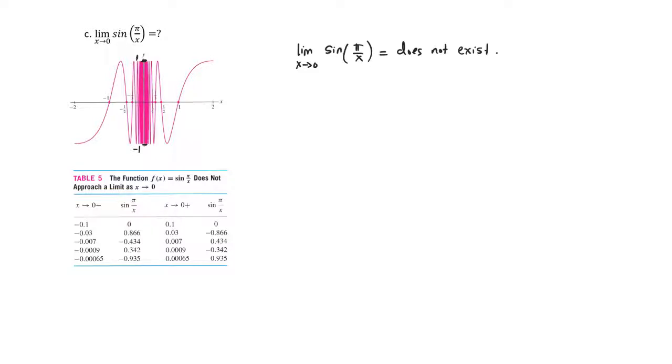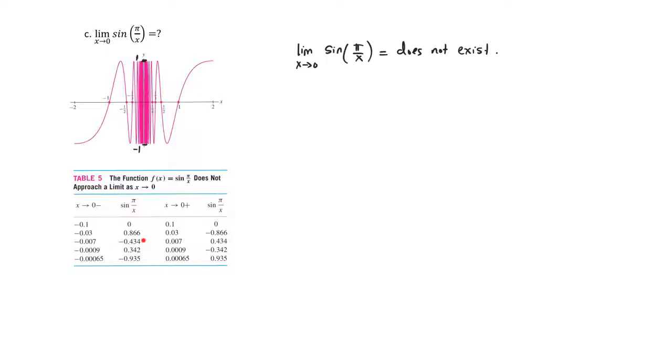If you notice, when x is -0.1, the y value is 0. And then x is getting closer to 0, but the y value now goes all the way to 0.866. X is getting closer to 0, right? Now x here is -0.007. Look at the y value.